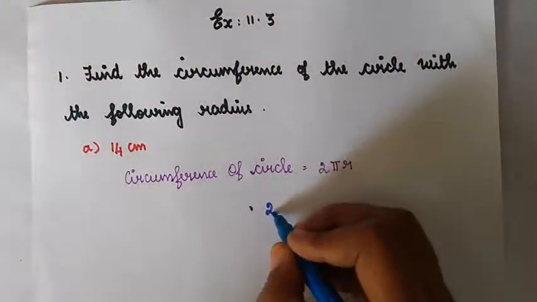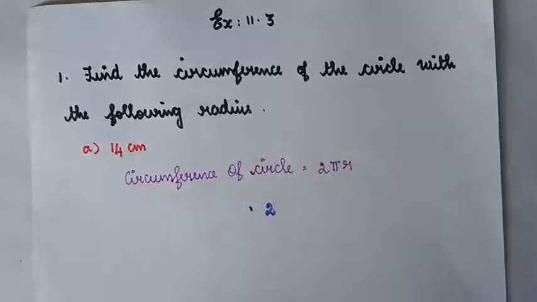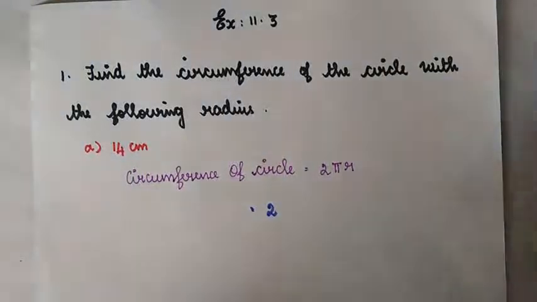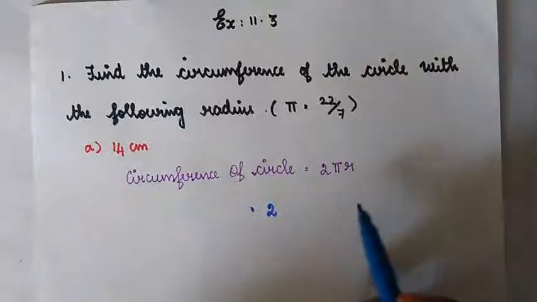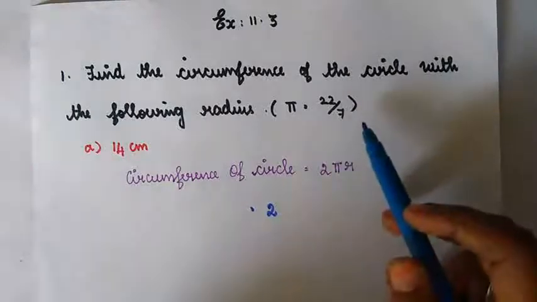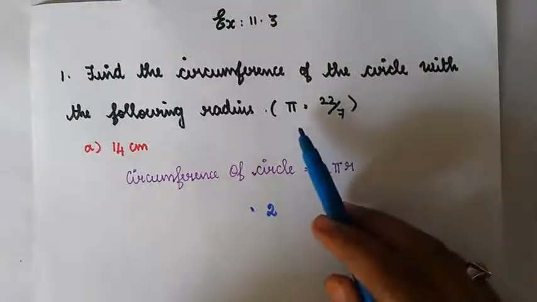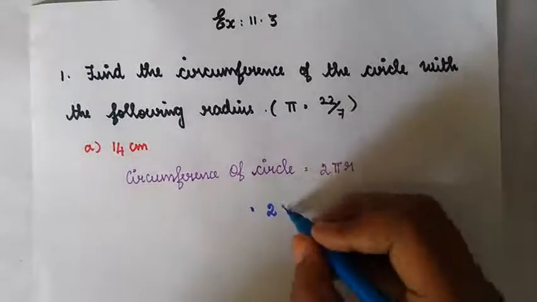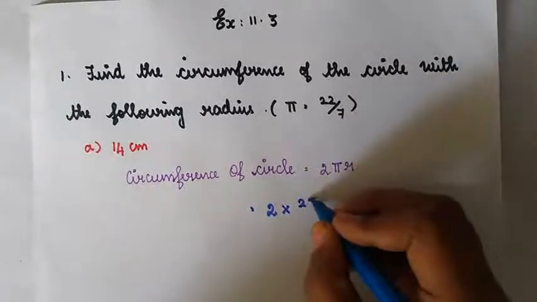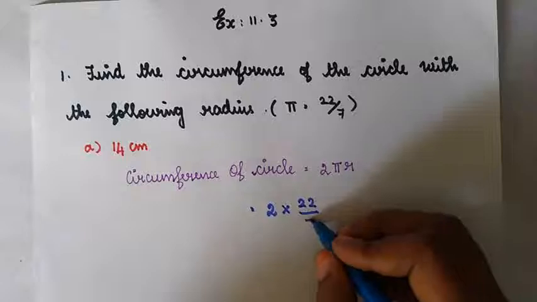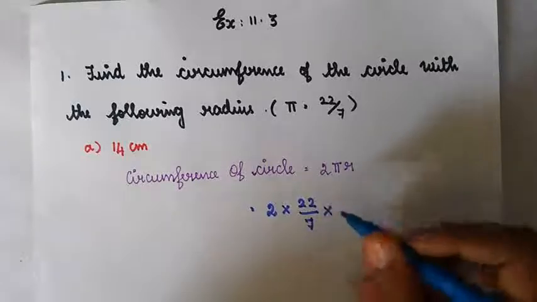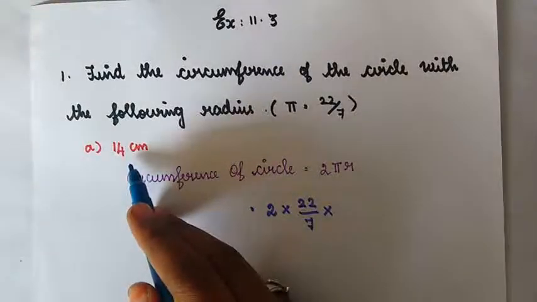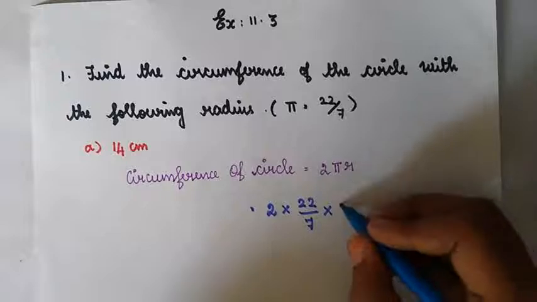So 2. What is the value of pi? Already given. See the question. Take pi as 22/7. What is the radius? Given radius is here 14 centimeter.